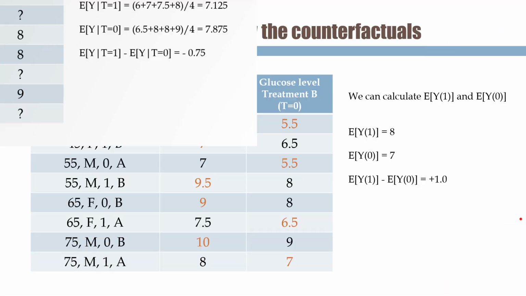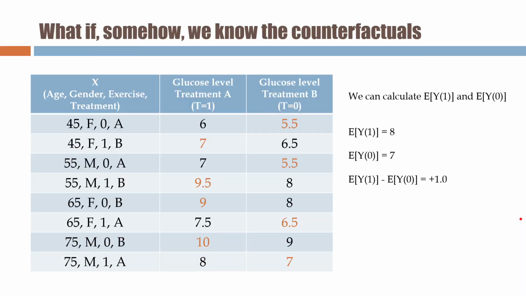So now, what if somehow we can find out the counterfactual? The counterfactual is something we don't know, but let's say somehow I figured it out. We didn't give the first patient the treatment B. We applied the treatment A, so we observe the data.